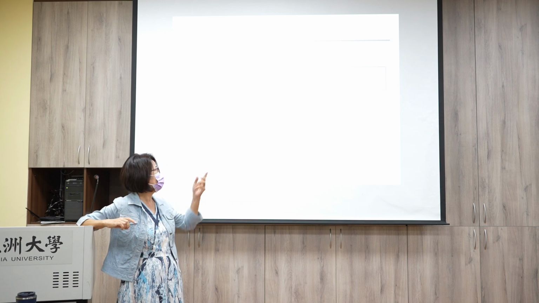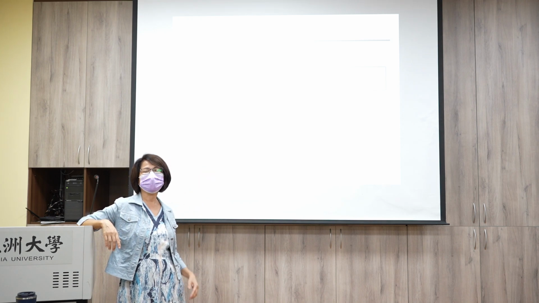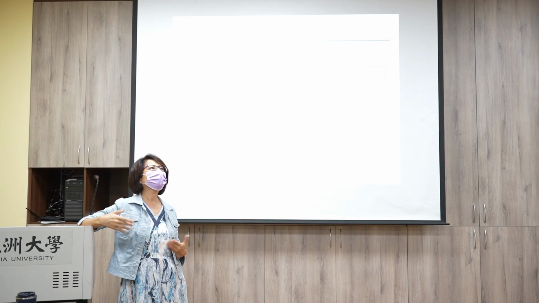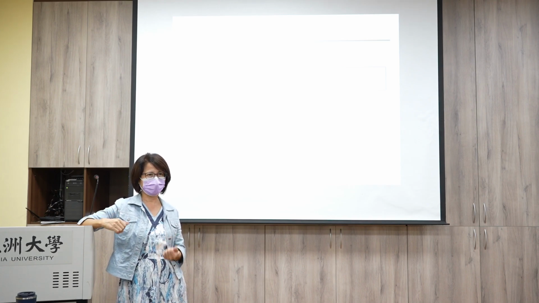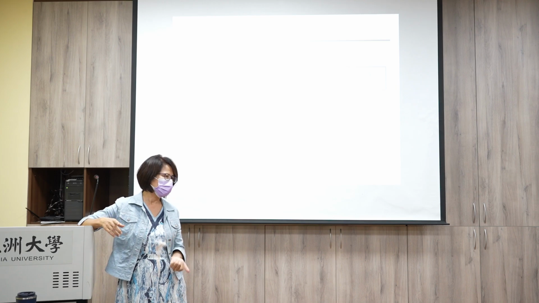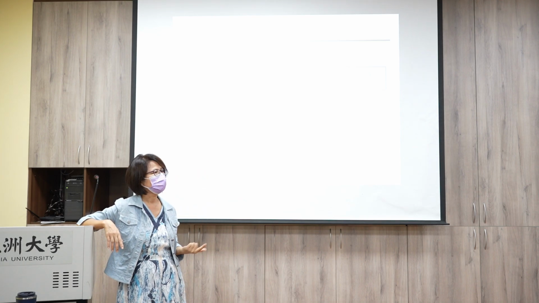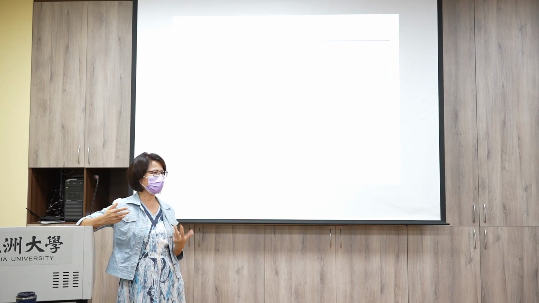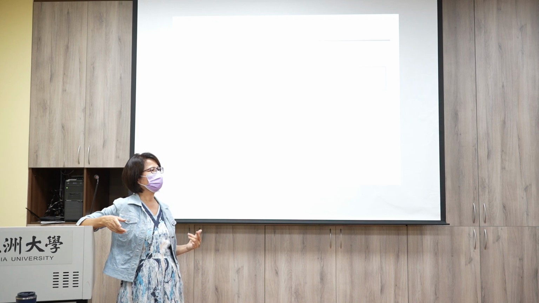That will be a part of financing activity. And if I am the corporation, I probably issue more ordinary shares to raise capital. That is another financing activity. Or I can issue corporate bonds to raise money for business operation. That is another way of financing.